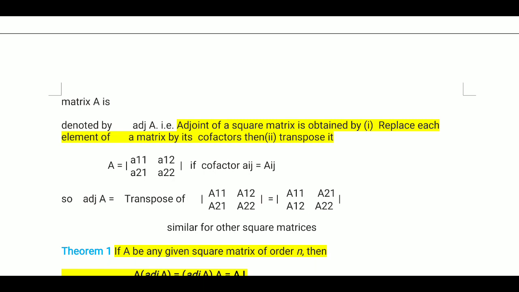So here is a small example you can see. Suppose there is a small matrix having A11, A12, A21, A22 as its elements. This is a square matrix. So we can also get the cofactors that are symbolized by capital Aij, and elements are denoted by small aij.